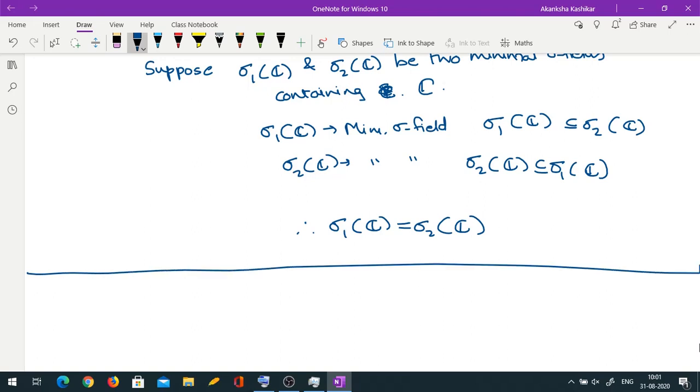Now let us consider an example. Suppose omega is {1, 2, 3, 4}.